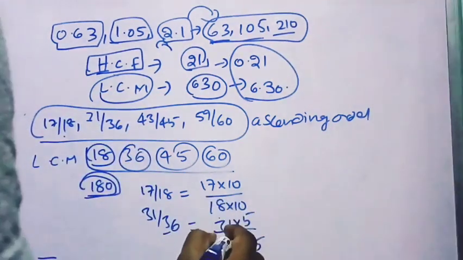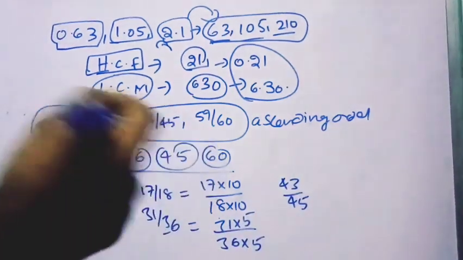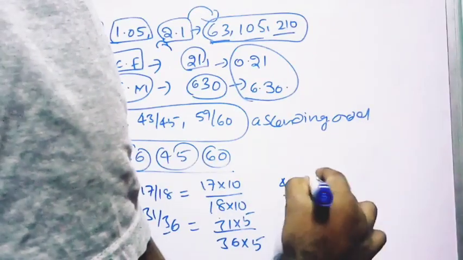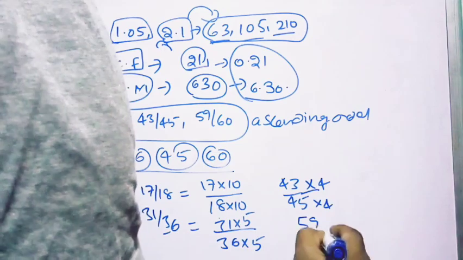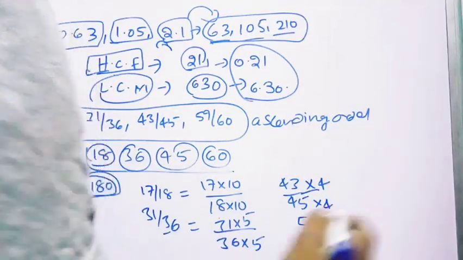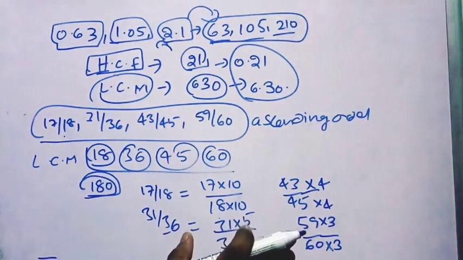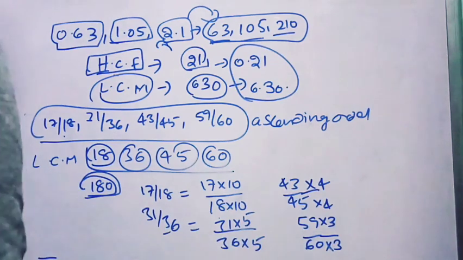Then the next one is 43 divided by 45. How many times does 45 become 180? It is 4 times. Similarly, 59 divided by 60. How many times 60 becomes 180? 3, so I'll take 3. So now all the denominators are similar, 180. So 17 times 10 is 170, so 170 divided by 180. The next one is 31 times 5, which comes to 155, so 155 divided by 180.